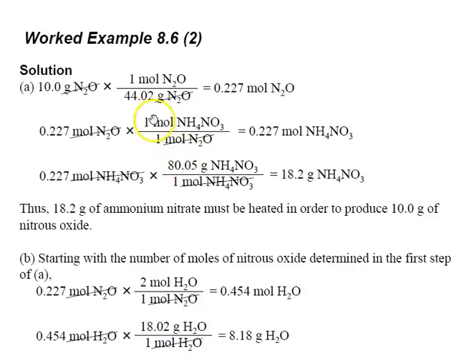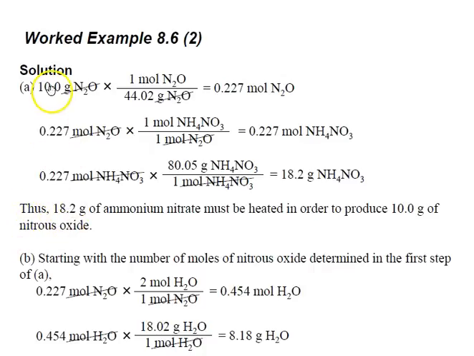We can use our values from the balanced reaction to go from moles of nitrous oxide to moles of ammonium nitrate, which is here. And then this is just rewritten, and we multiply by the molecular weight of ammonium nitrate, and then that gives us our mass.